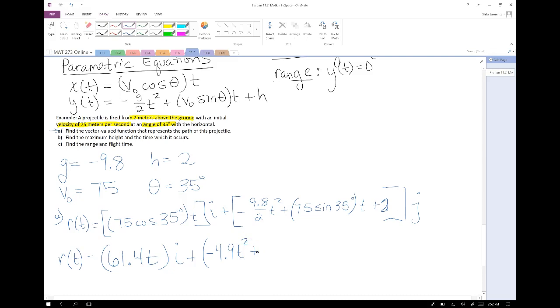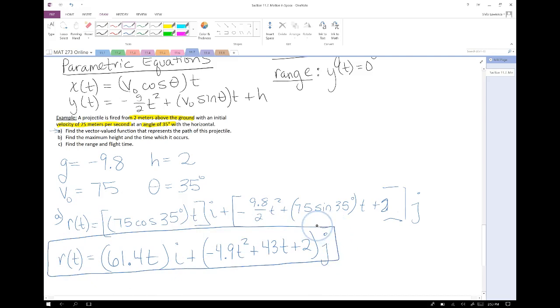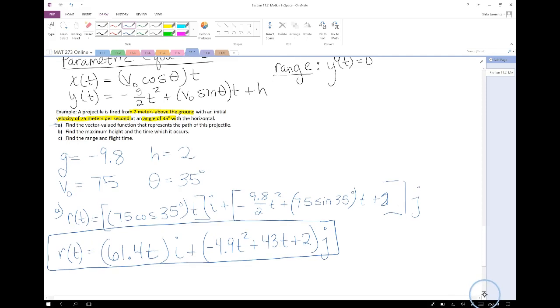And then we need to know 75 times the sine of 35, and that's about 43. t plus 2 for our j component. So this is what we're looking for in part A when we're just asked to find the vector-valued function that represents the path of our projectile.